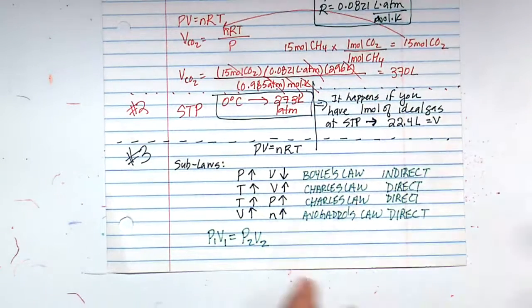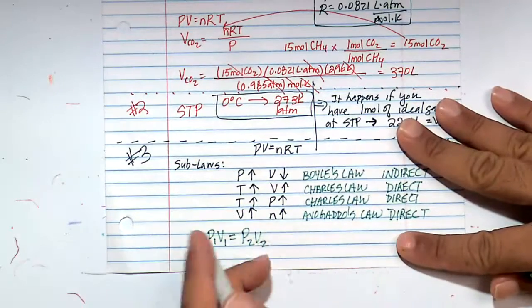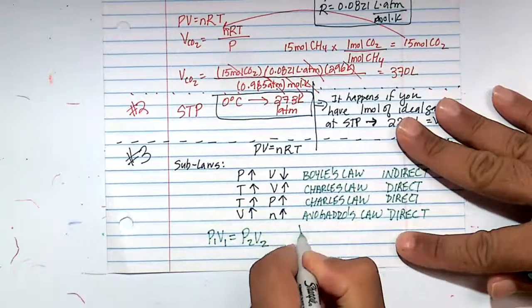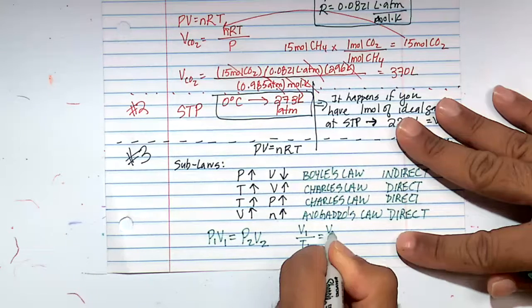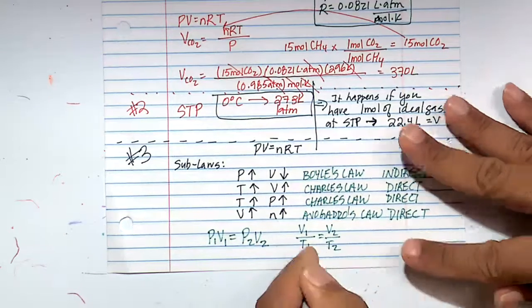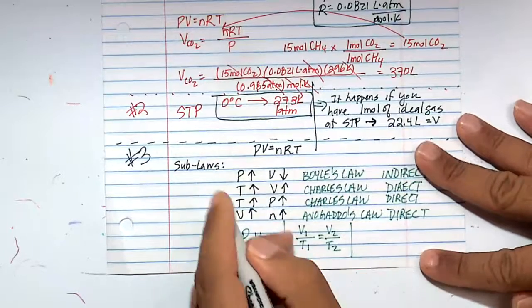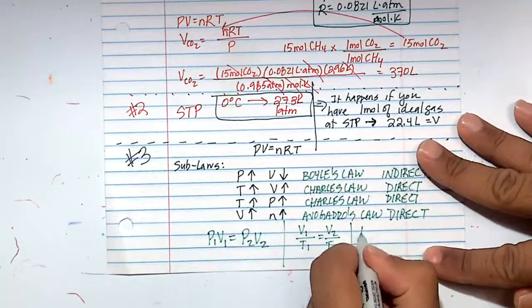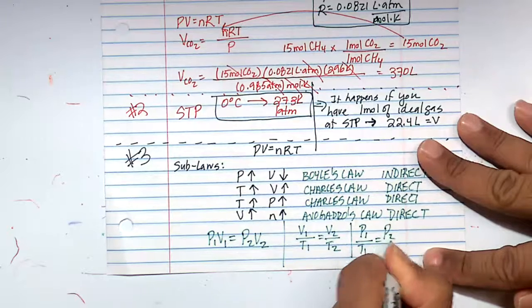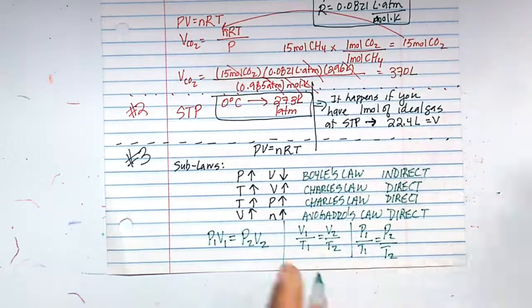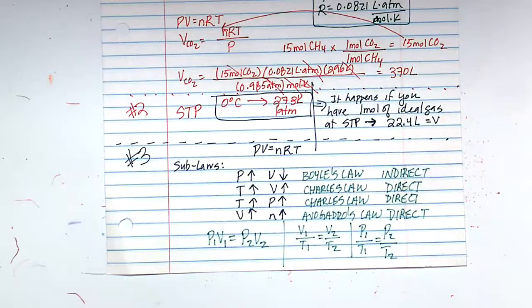I can tell you the other ones. Since the other ones are direct, it's going to be V1 over T1, new temperature, new volume. Same thing with Charles' law, a direct one: P1 at a T1, change the pressure, P2 will get a new temperature T2.